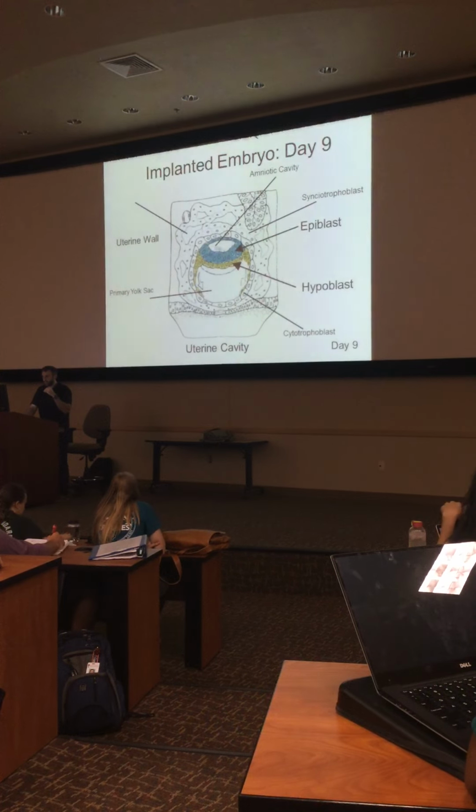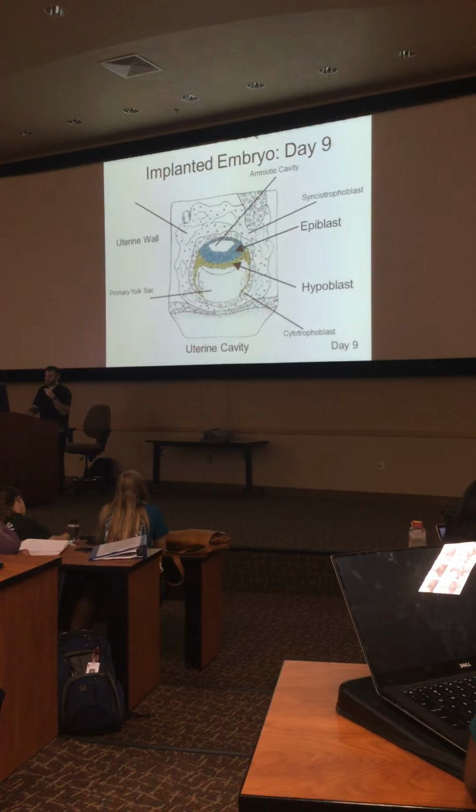So inside, where you have your inner cell mass, where you had your epiblast and hypoblast, the epiblast doesn't really do anything yet. It's kind of just still sitting there. And inside this little cavity that forms inside of it is called the amniotic cavity. He makes a big deal to stress this, and I don't know if it's because he's going to ask a question about it or why, but knowing that helps differentiate the twins very easily.